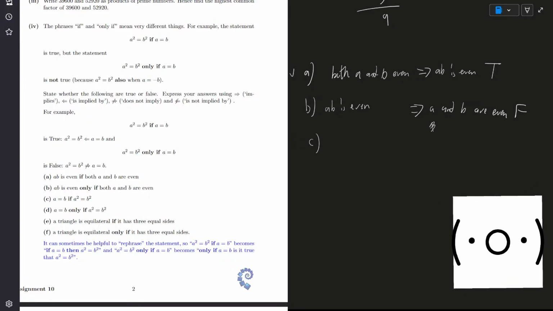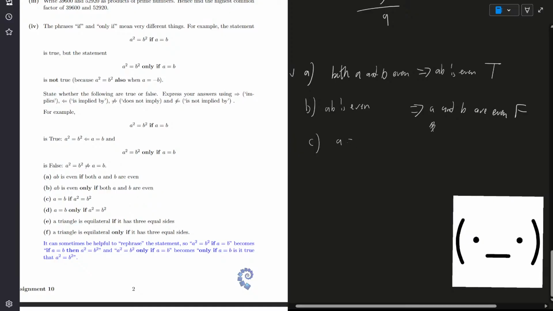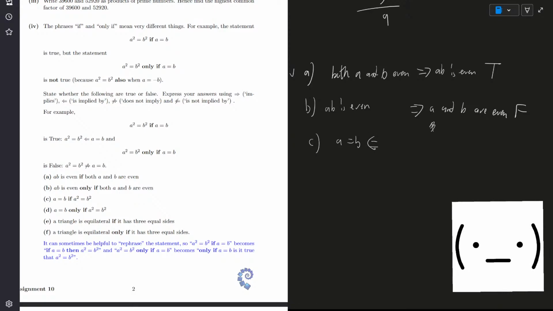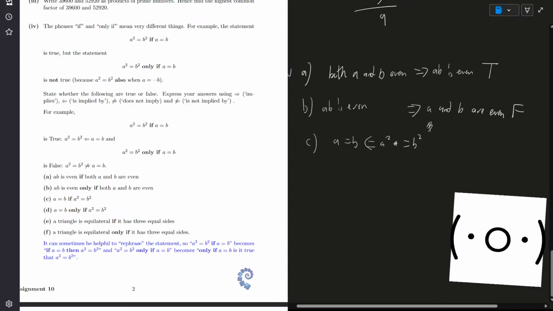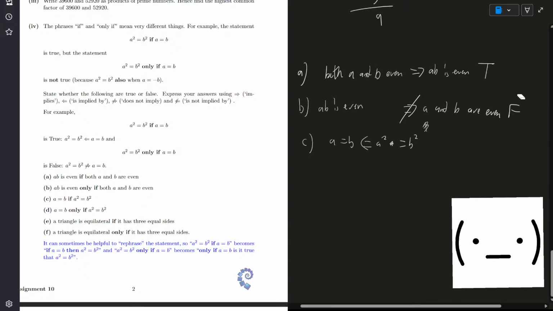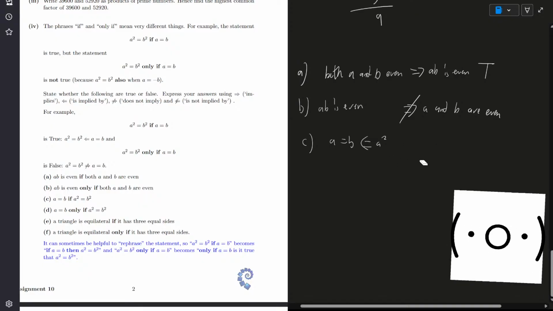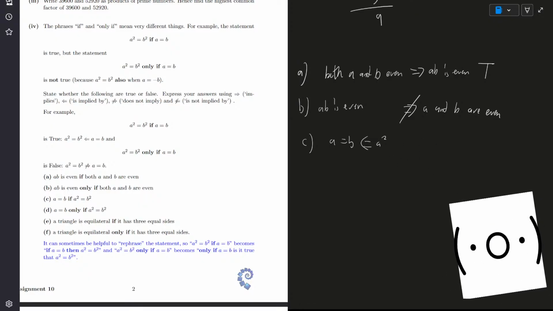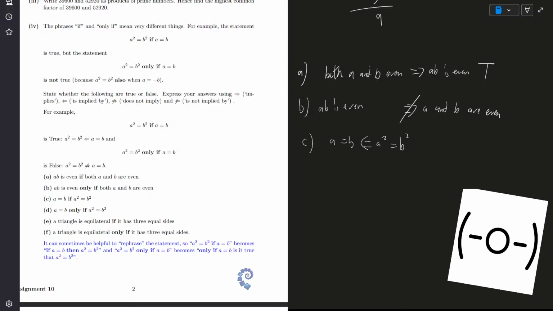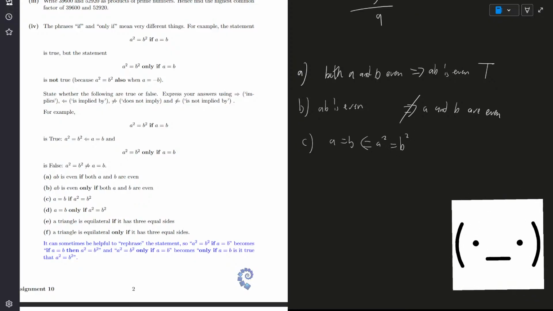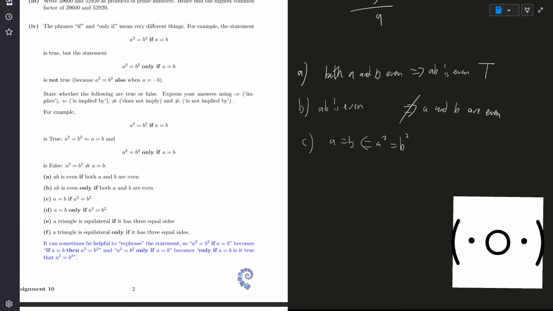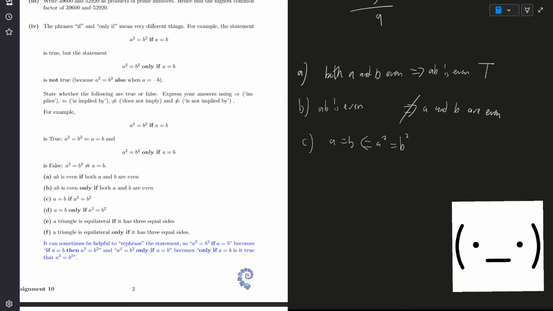Now A equals B if A equals B. Oh, sorry, they've asked us to express it by crossing this out. So we'll cross it out, even though crossing out usually means for me that it's not real, but I guess we'll follow the procedure. This is false, isn't it? Definitely.